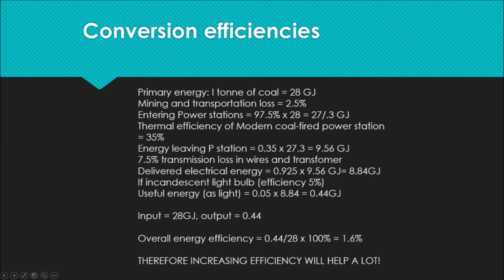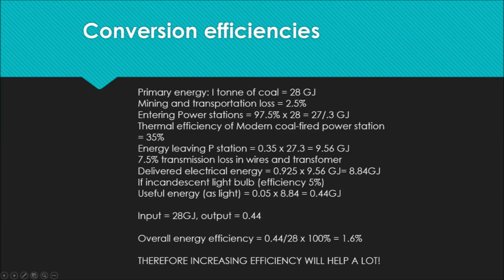You get 27.3 gigajoules. And then at the power station itself, if they use a modern coal-fired turbine, the efficiency is about 35%. So the energy leaving the power station is only 35% of that 27.3, and you get 9.56 gigajoules.